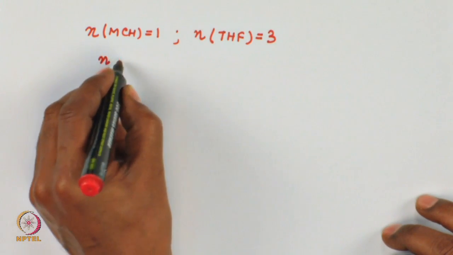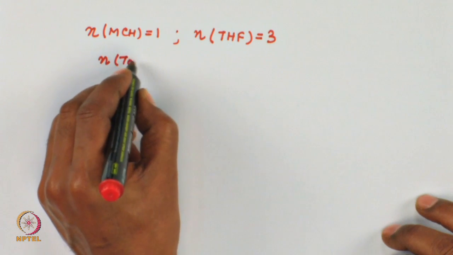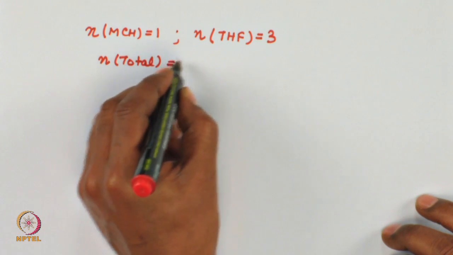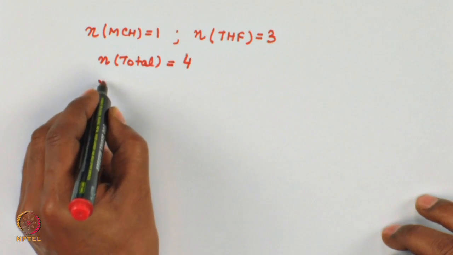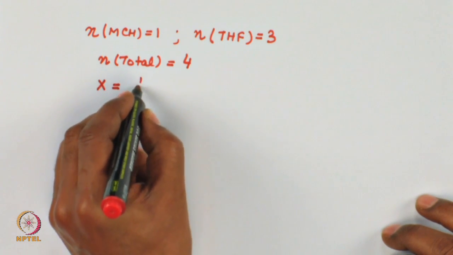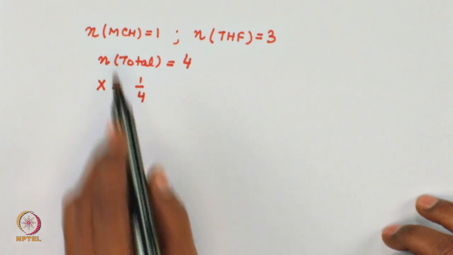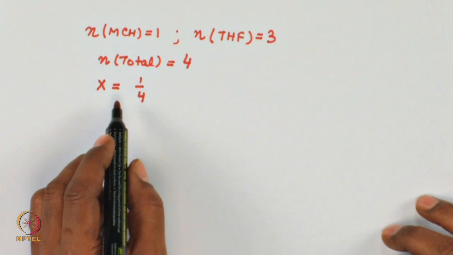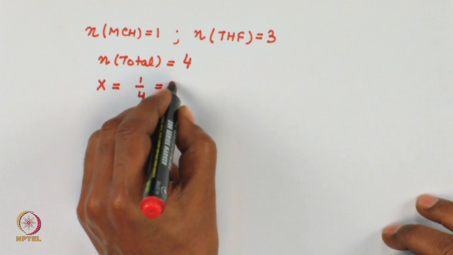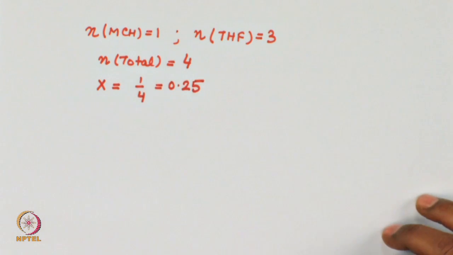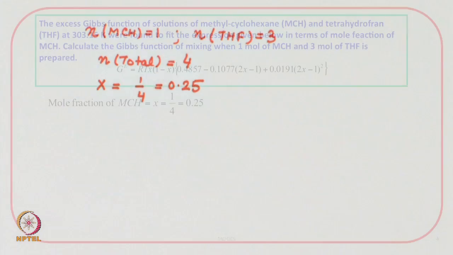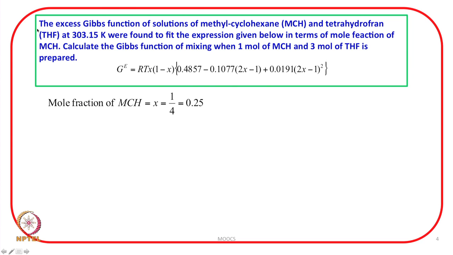So, total number of moles is equal to 4. Therefore, x in this expression, the mole fraction of MCH, is going to be 1 by 4, which is equal to 0.25. Okay. So, we have obtained x equal to 0.25 and now you substitute x into this expression.